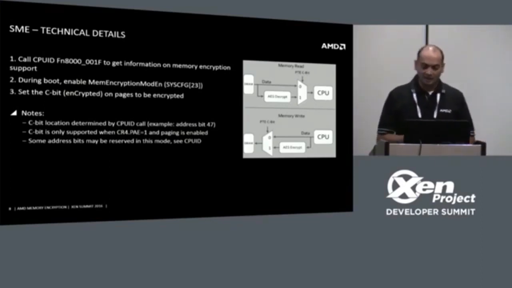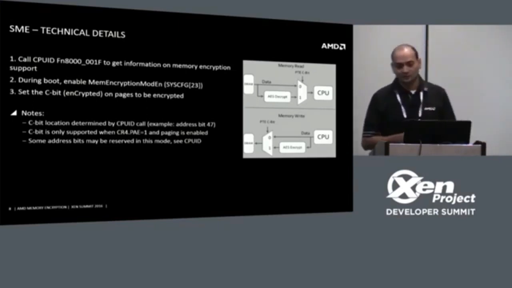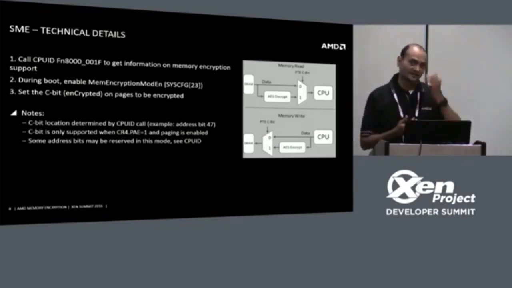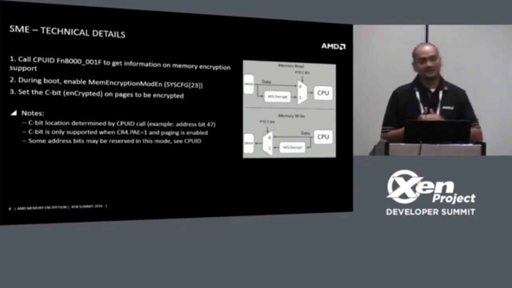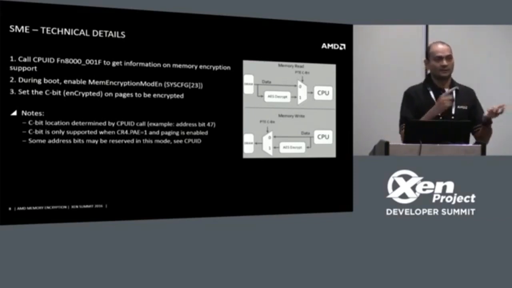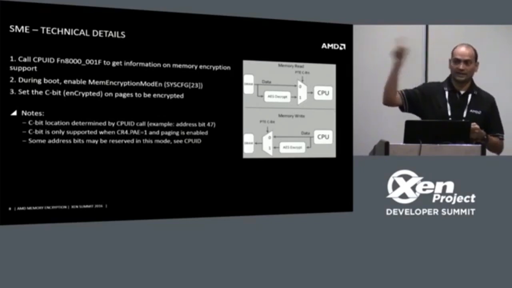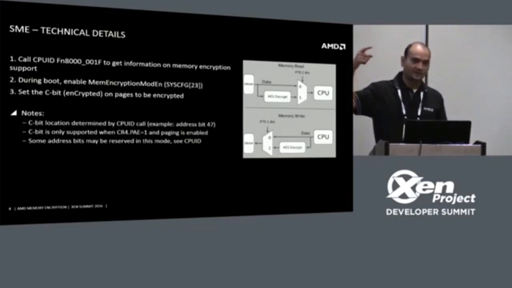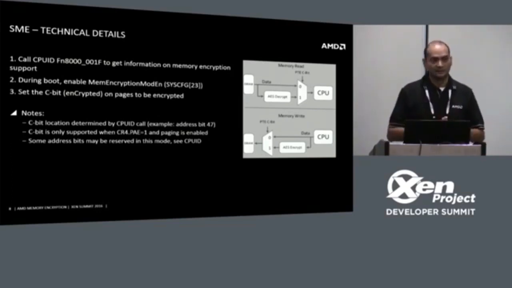I was looking at the Xen kernel and trying to understand the booting sequence a little bit, to identify the place where we might consider enabling the encryption. One place I could see is when Xen boots up, it relocates itself from low memory to high memory. When the relocation happens, that's probably the place where we can enable the encryption. From there onwards, the entire Xen kernel itself will start getting encrypted.